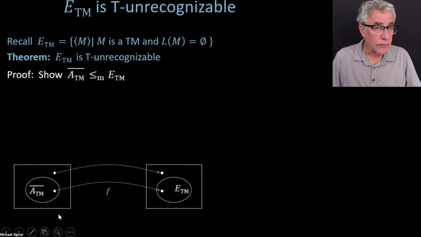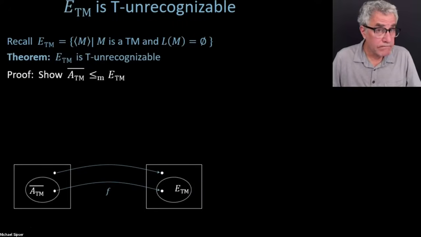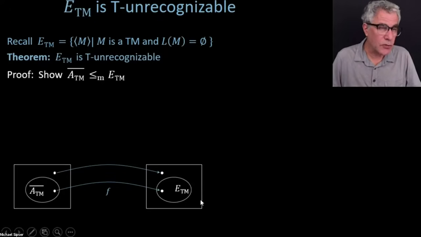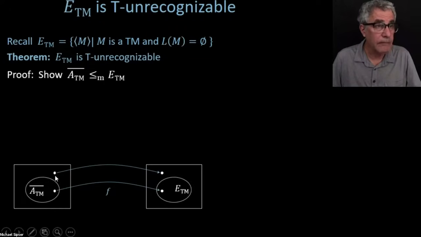So here is the picture that we have when we're doing mapping reductions. We're going to map strings that are in the complement of ETM, so strings that are outside of ETM, to strings describing machines where the language is empty. And here we're going to take ETM problems, and map them to machines where the language is not empty.